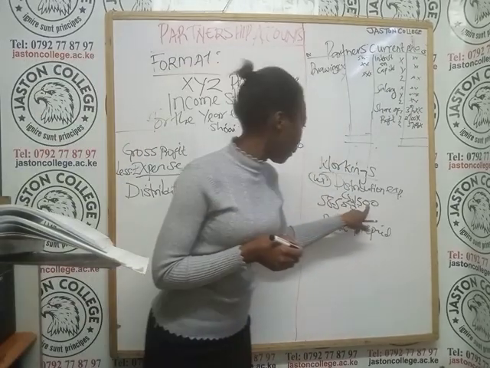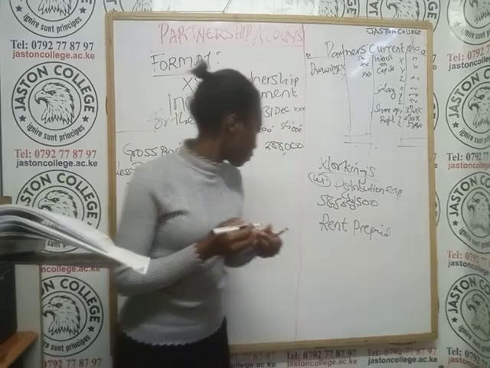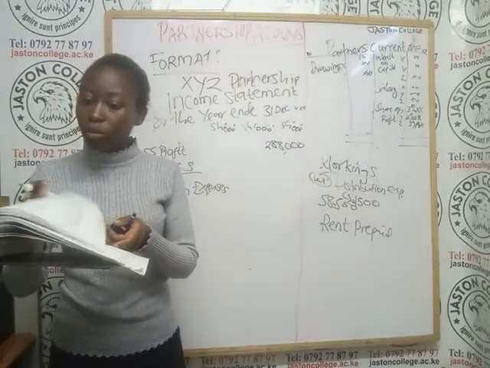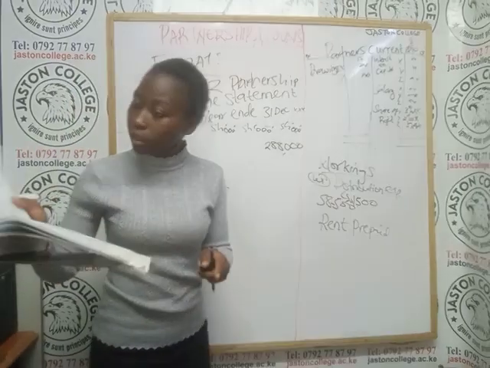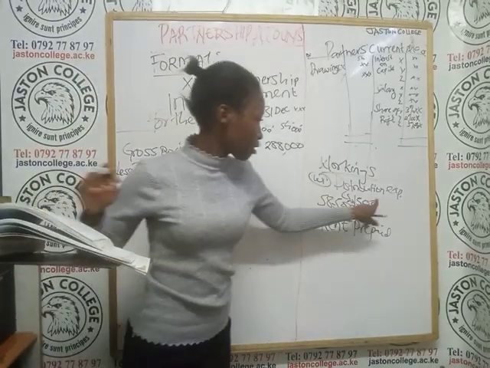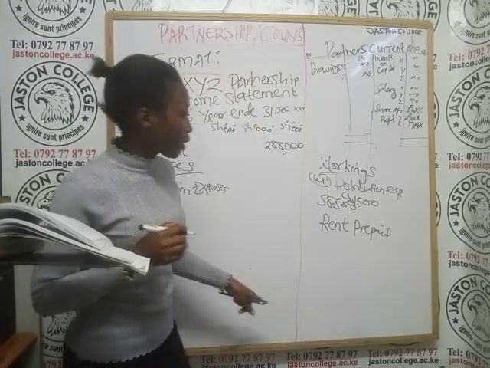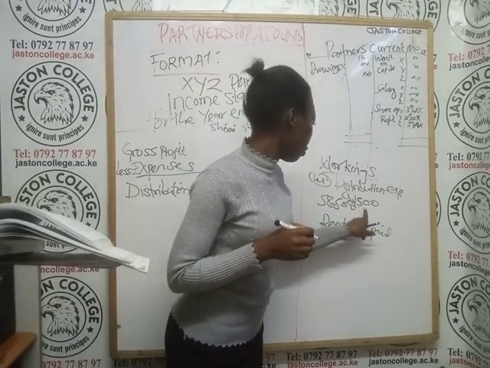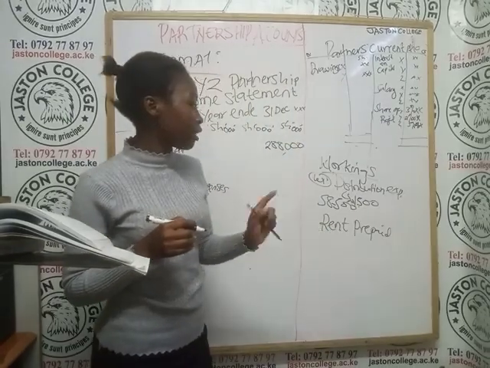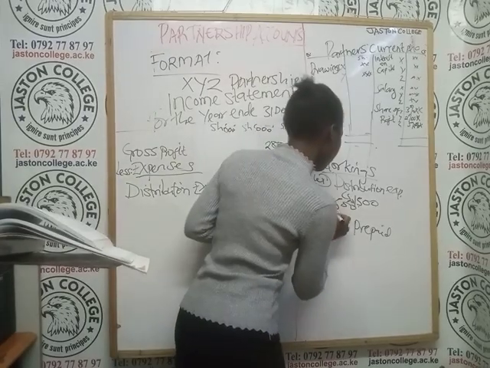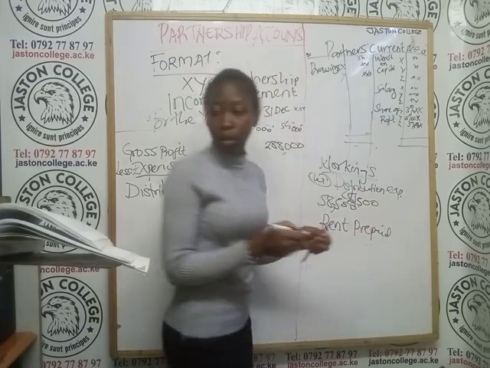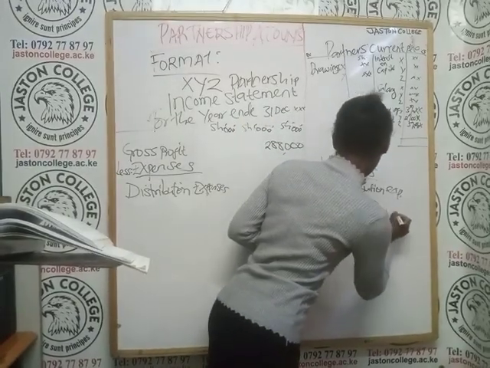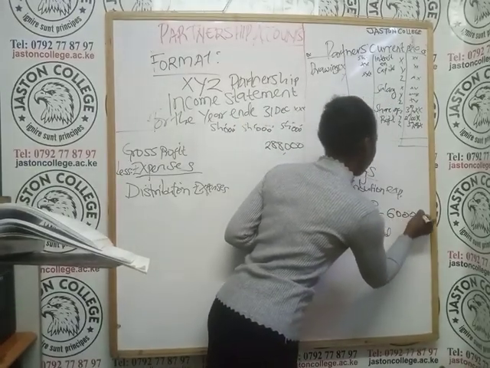Sorry for that. So we will take the accrued distribution expenses, we add what we have been given. We take 58,500, we add because it's an accrual, and we will get 60,000.